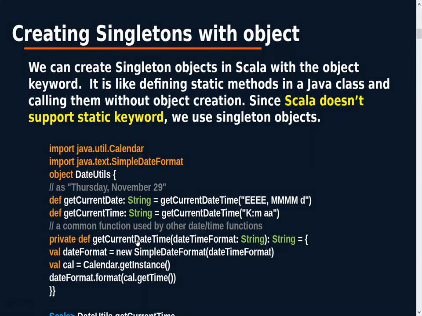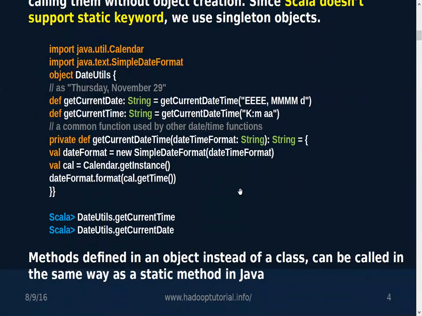Anything that you declare inside this object, same as a static method or field access, you access with the object name dot your method name, or object name dot your field name.